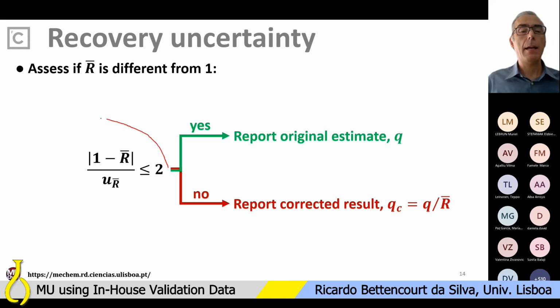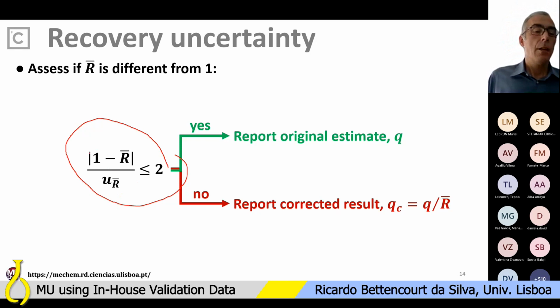by performing a t-test, somehow a t-test, where instead of a standard deviation, we have a standard uncertainty. So it is an updated t-test, I would say, where we compare this term with a value of 2, typically, that is the absolute difference between 100% recovery and the mean recovery, divided by the standard uncertainty of the recovery.